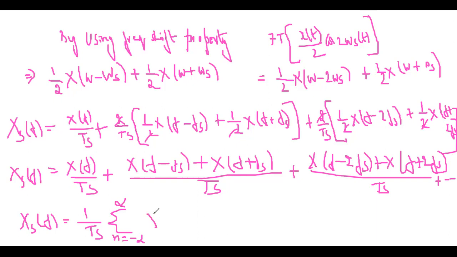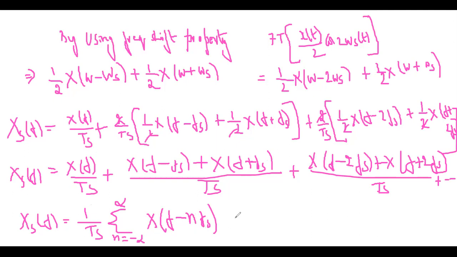So I am writing it as x of f minus n into fs. When n is equal to 0, we get x of f. When n is equal to 1, x of f minus fs by ts. When n is equal to 2, x of f minus 2fs by ts. When n is equal to minus 1, minus into minus is a plus, x of f plus fs. You got it, my dear students?